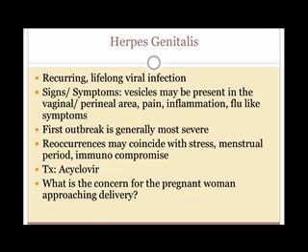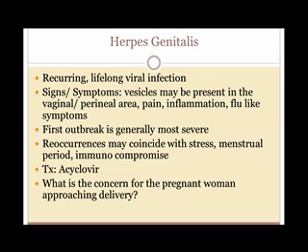Oftentimes, if a woman has a reoccurrence, it can coincide with stress, her menstrual period, or times when she's immunocompromised. Well, we can't cure herpes. However, we can give antivirals to help decrease the incidence of reoccurrences. The treatment that we would give for this is acyclovir, and this is safe during pregnancy.